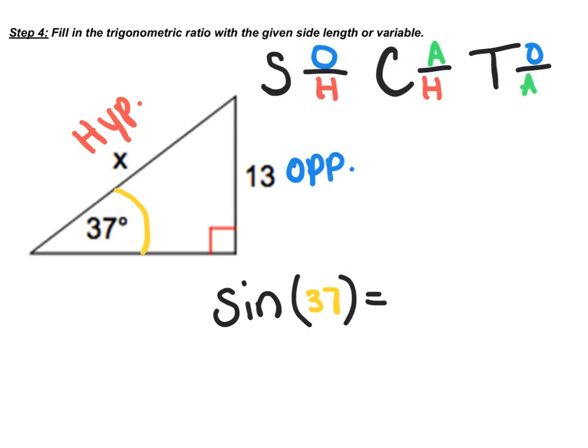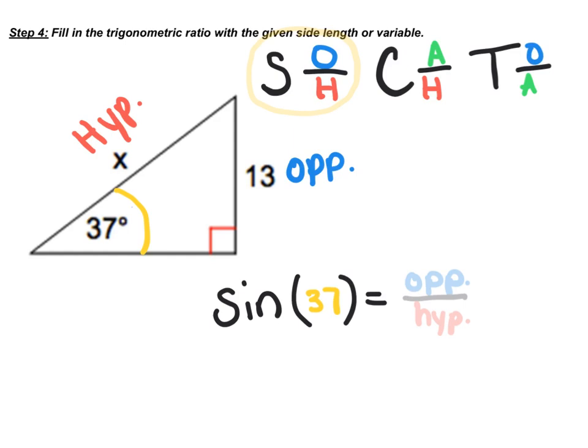Using my relationship, because I'm using sine, I'm going to use this relationship, which tells me that it should be the opposite over the hypotenuse.